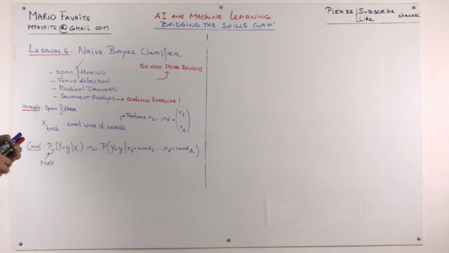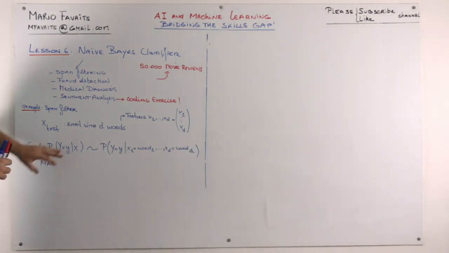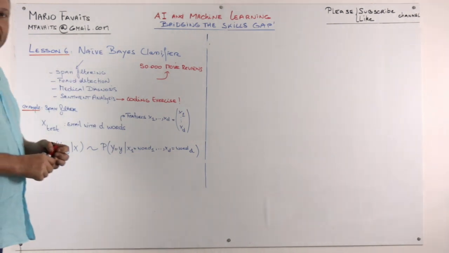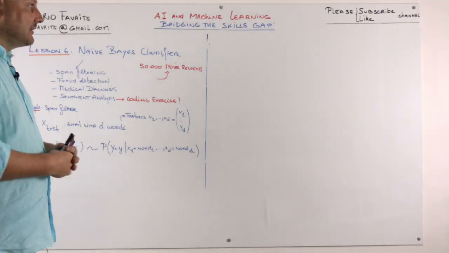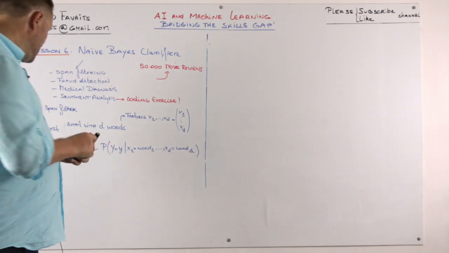That's exactly the same. So we're going to try to maximize this, and I will not care about the denominator when applying Bayes' rule, because it's merely a normalizing factor and it does not influence our results.